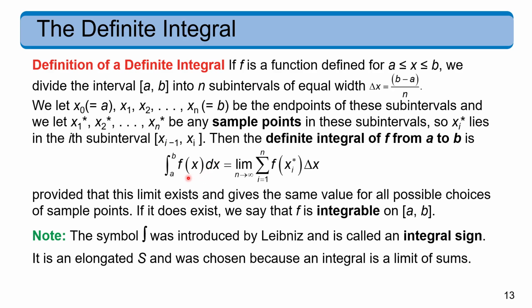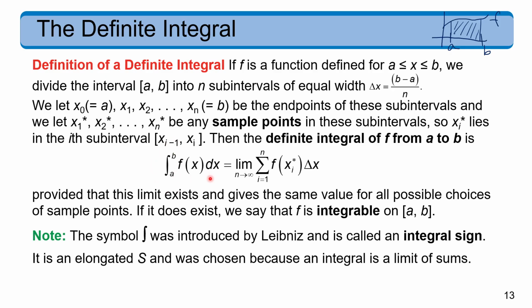Now, the a to b represents the original x interval, right? If you're finding the area below a curve, it was always over some x interval a to b. And suppose the curve f is here. So this is the area we're calculating. So the a and b are placed on the lower and upper parts of the integral sign.